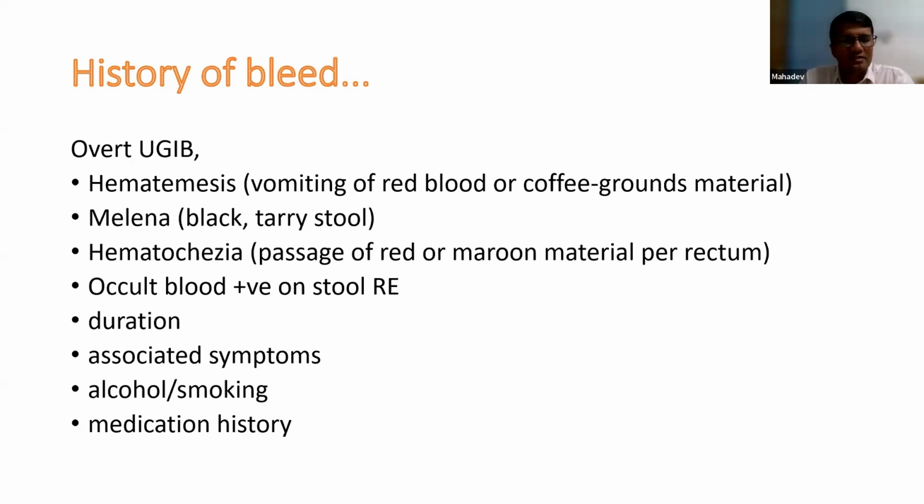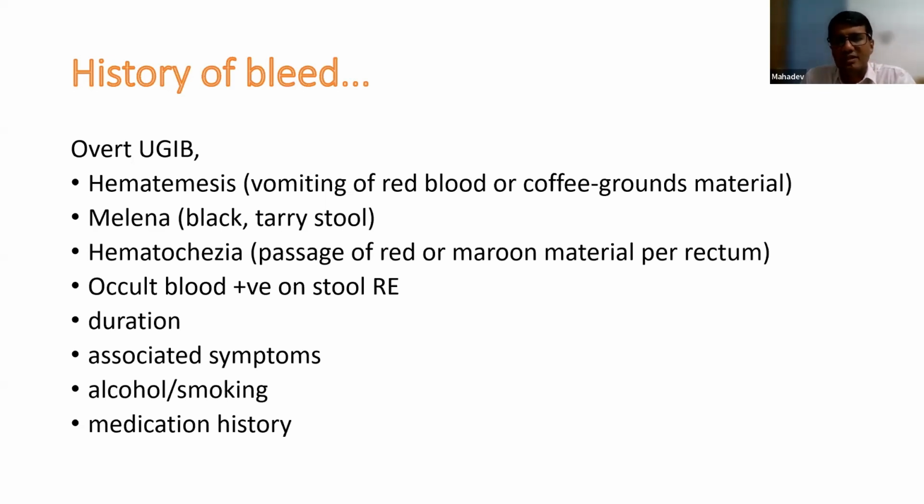With occult blood, we discuss the duration of the onset of bleed. What are the associated symptoms, whether it is painless, whether it is painful, whether it is associated with colicky abdominal pain. All these associated symptoms we need to know. Whether the patient is an alcoholic, and there may be alcohol-induced liver dysfunction.